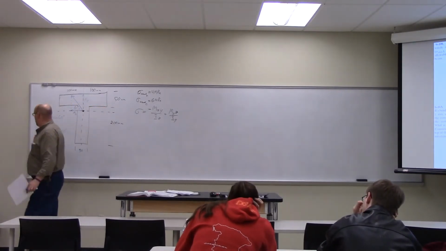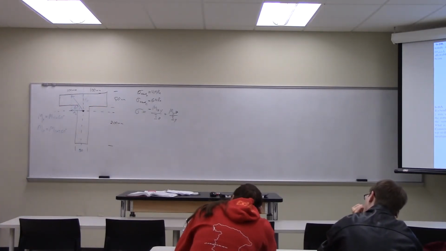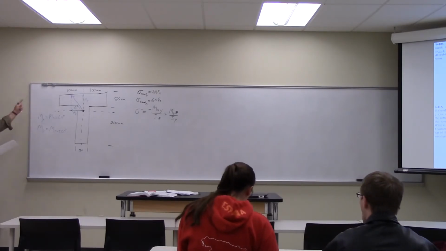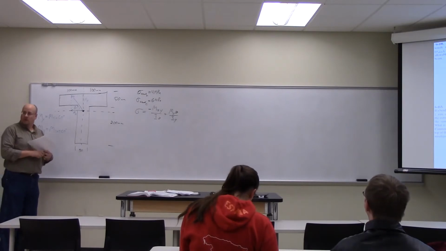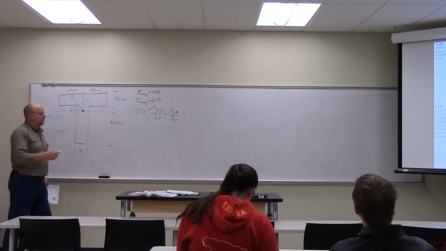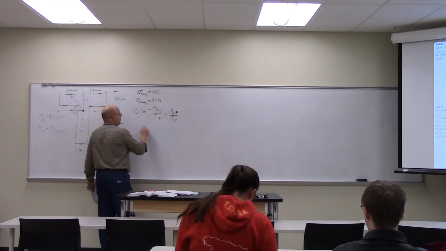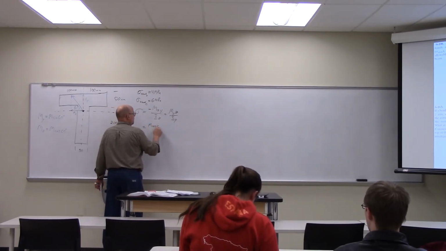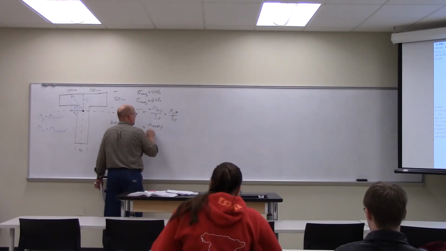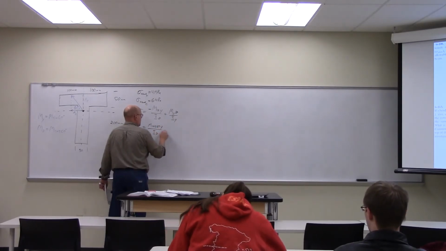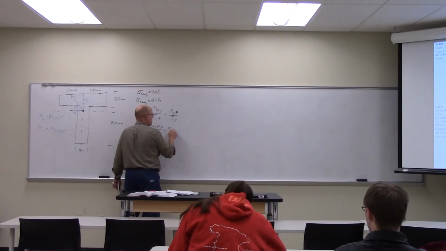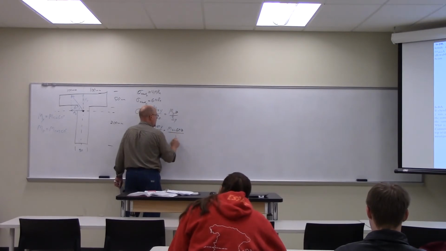I've got my Mz and my My, so I can plug them in there and solve for M in terms of sigma. So Mz is M cosine 60 y over Iz, minus that, plus M sine 60 z over Iy.